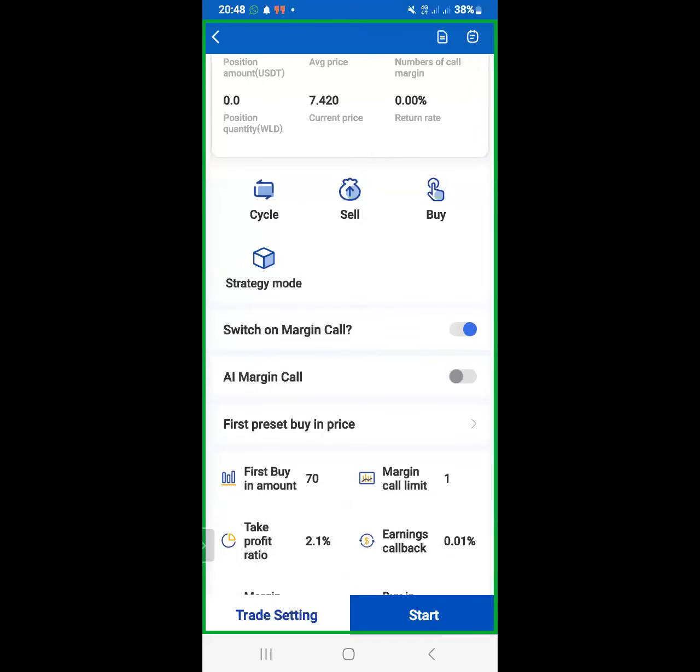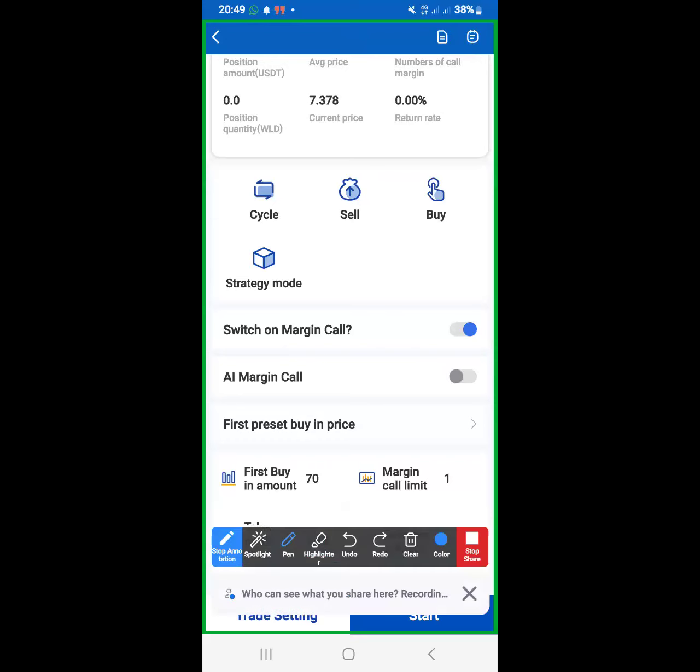Another thing, AI margin call. AI margin call is good. Personally, I don't use it, because sometimes once you enable it, it tends to affect the operation of the robot in a way. How? Sometimes you may find that the market price has dipped by, say, if you had set your margin call drop at negative 3 point something, let's say negative 3.2.